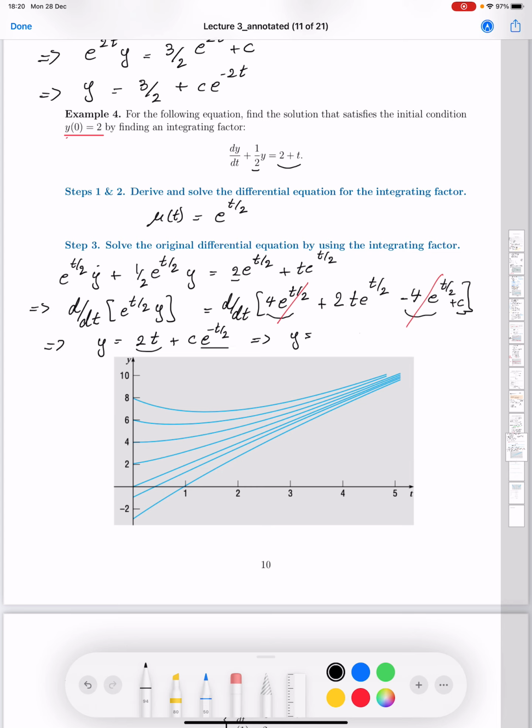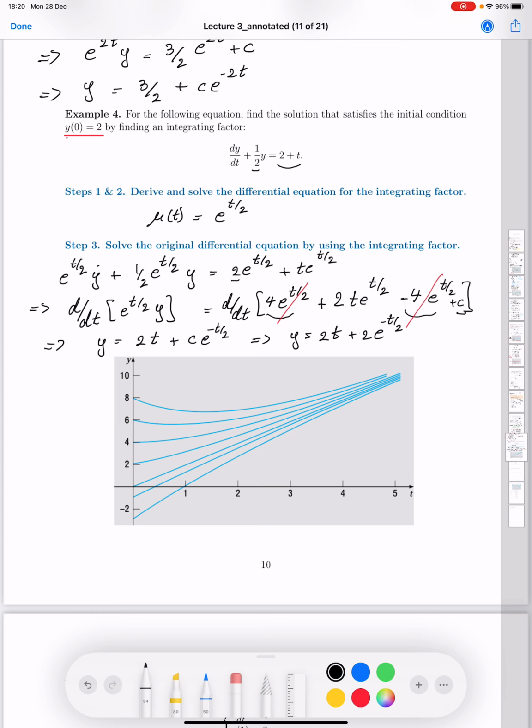So I will have just c equal to 2, the value of y here. So I will have 2 times t plus 2 times e^(-t/2). Great, this is the final solution.